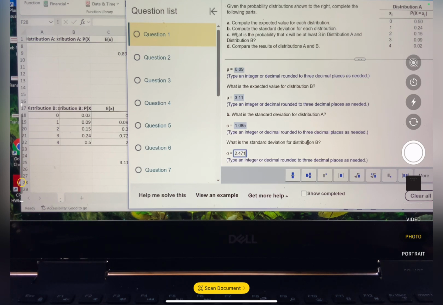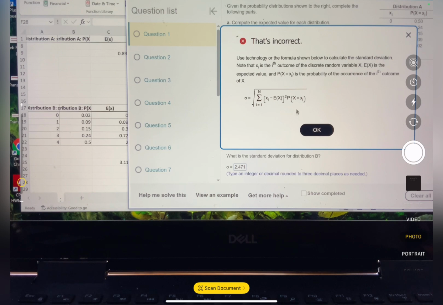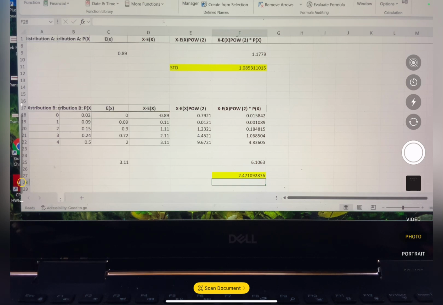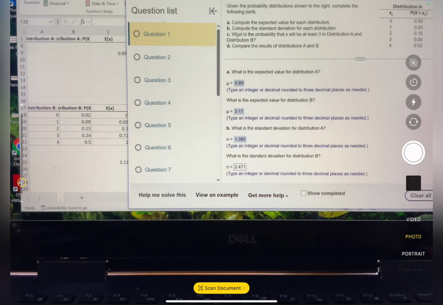Did I put the right one? Yes. Check the answer. What did go wrong? Hold on. 1.08, it's correct. 2.471 says incorrect. Round to 3 decimals.